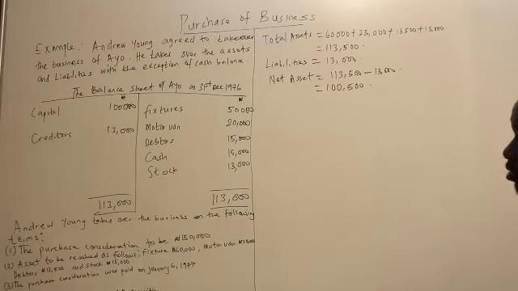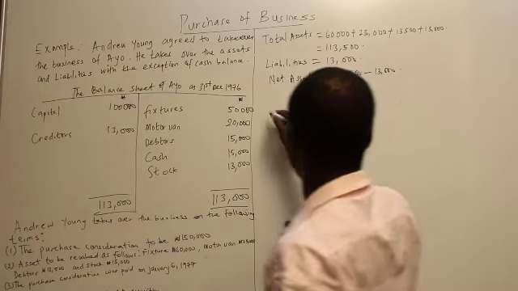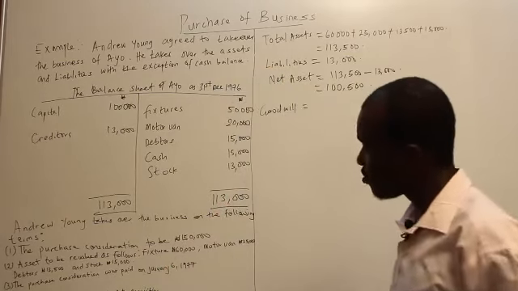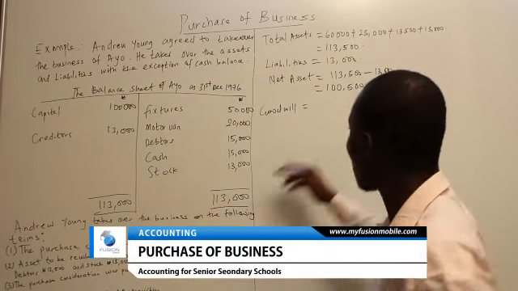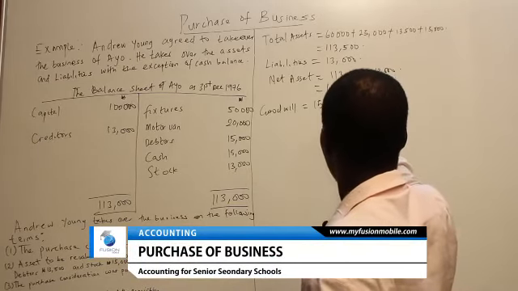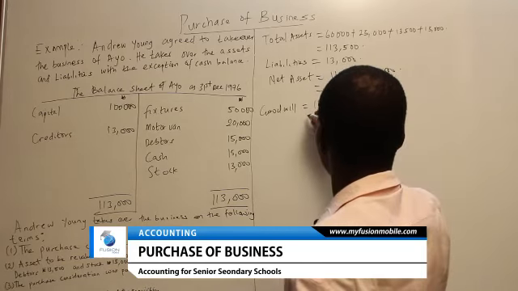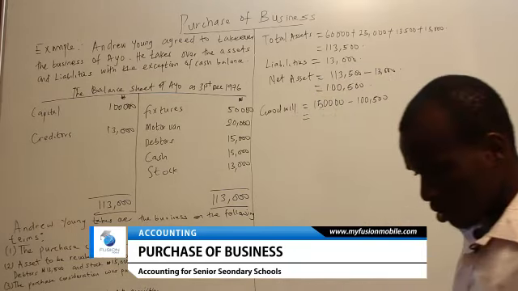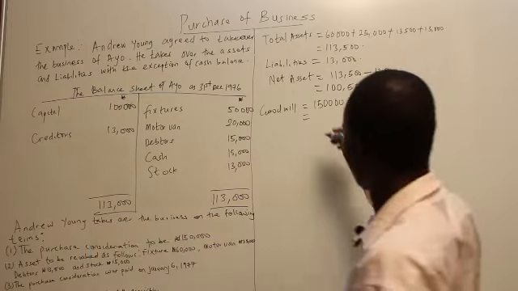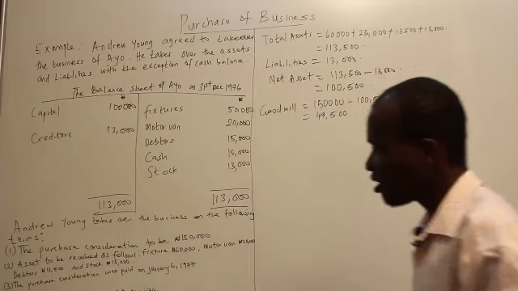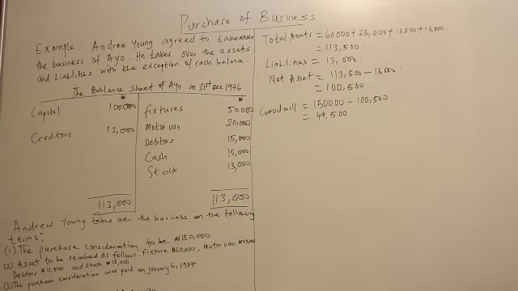That is the net assets in the period. Now goodwill: we know goodwill is the excess of the purchase consideration, which is 150,000 naira to be paid by Andrew Young, minus the net assets, which is 100,500, and then it becomes 49,500. That is the goodwill to be paid by Andrew Young to Ayo.